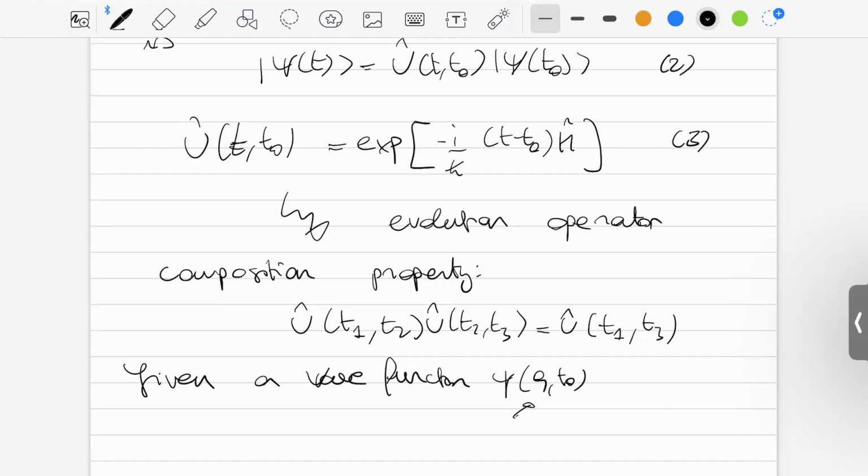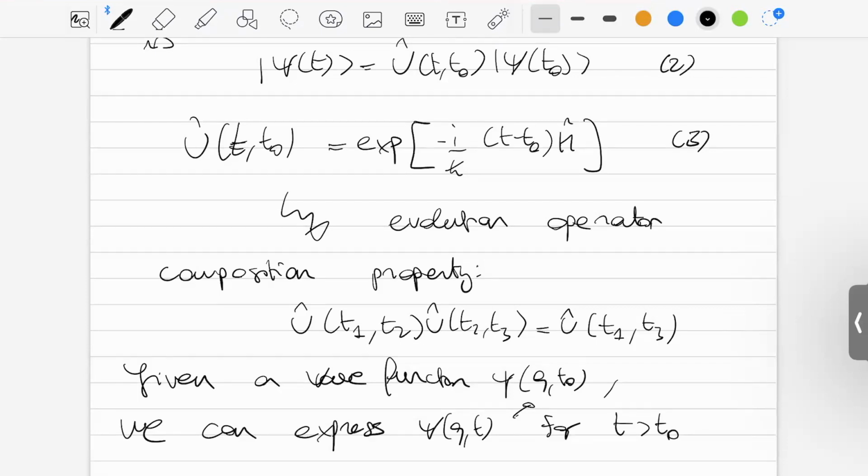We can express psi at time t, for t greater than t0, in the following way. Psi of q and t.